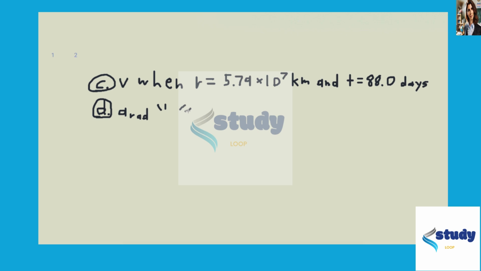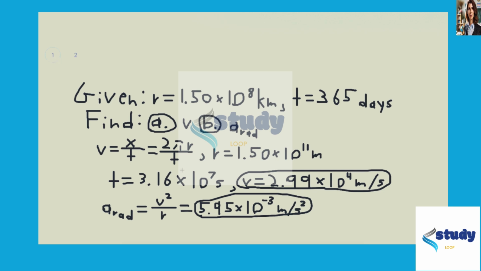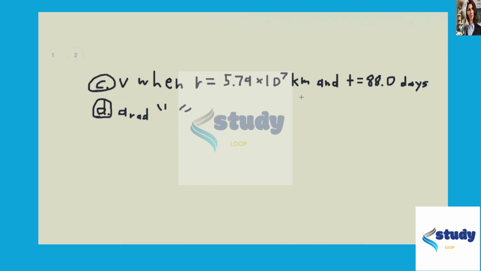Okay, so to solve this, we just repeat the exact same process, but we use the different r value for Mercury and a different period for Mercury. We just have different values for r and for the period.